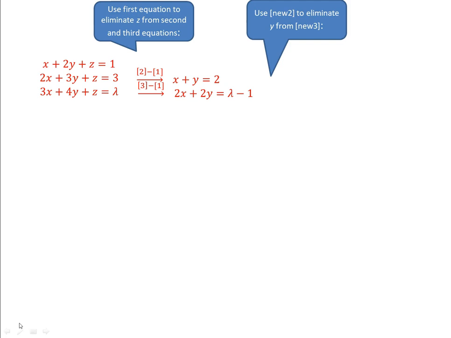We're now going to use the new second equation to eliminate y from the new third equation. So if I want to eliminate y from the new third equation, I'm going to have to take the third equation and subtract twice the new second equation.